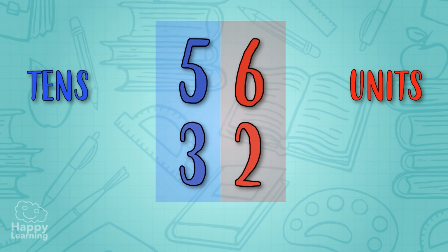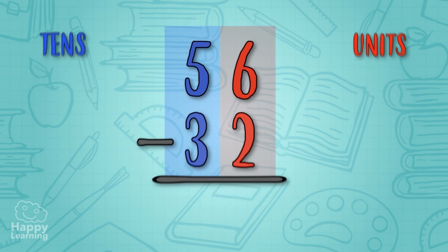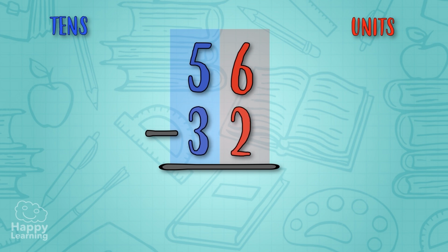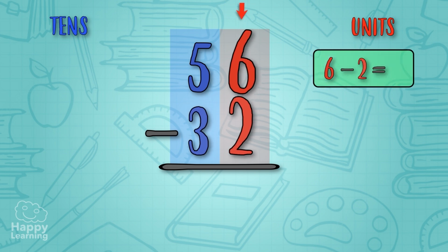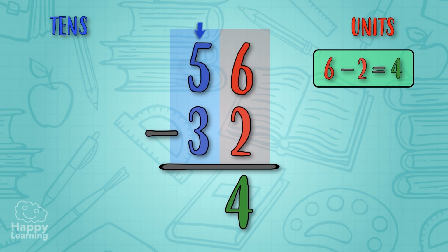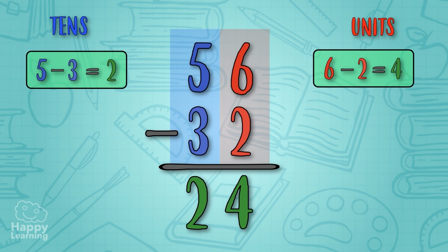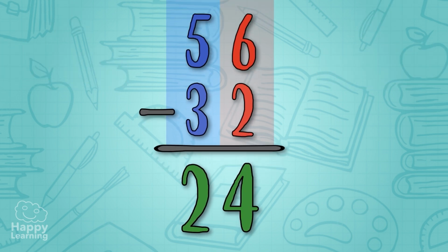After this, we place the minus sign and we're ready to subtract. 56 minus 32 is equal to 6 minus 2 equals 4. And 5 minus 3 is equal to 2. That means that the final result is 24.